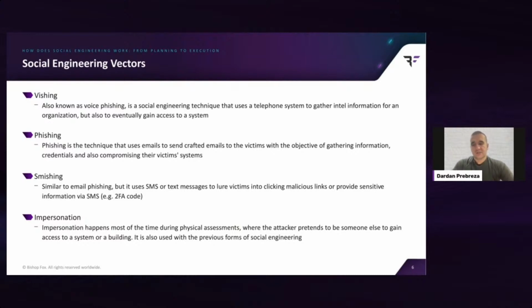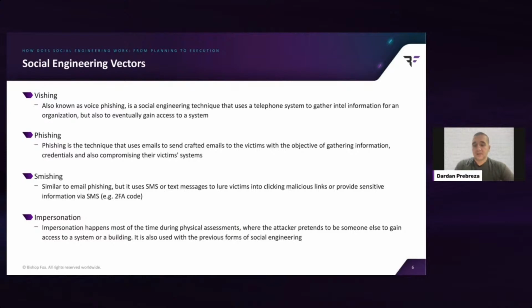Then we have phishing, the technique that uses crafted emails sent to victims with the objective of gathering information, credentials, and also compromising their systems. Then we have smishing, similar to email phishing, but it uses SMS or text messages to lure victims into clicking malicious links or providing sensitive information via SMS. For instance, the two-factor code or the multi-factor authentication code.